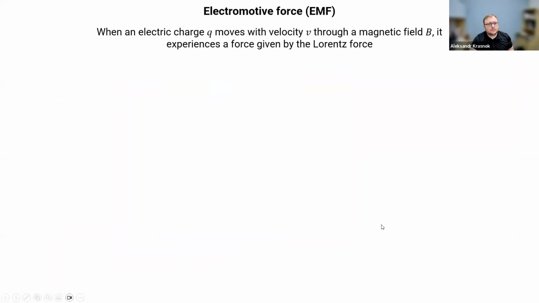Okay, so a few words about what happens when we have some charge moving in the magnetic field, right? This is kind of an experimental fact that if you have a charge and this charge is moving in the magnetic field, the effect is the so-called Lorentz force.